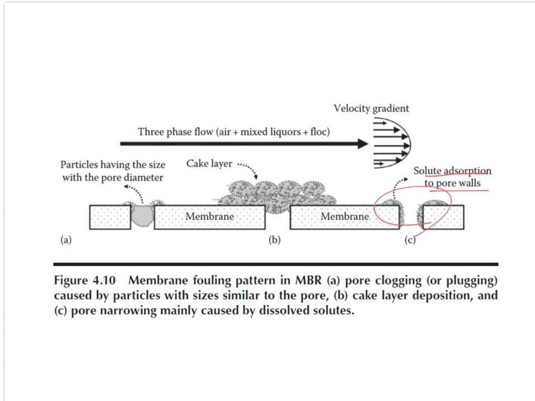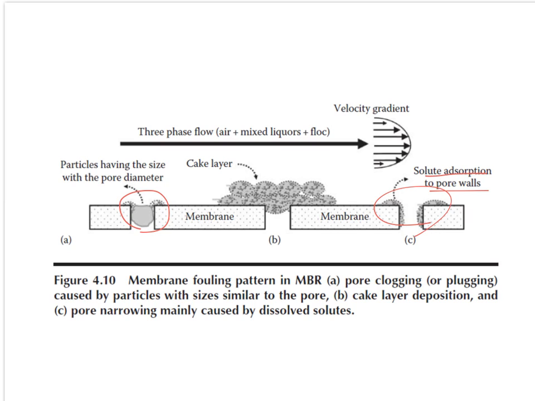On the other hand, if the particle can block the pore entrance, we can see this kind of phenomenon. So particles having a size similar to the pore diameter will result in pore plugging.